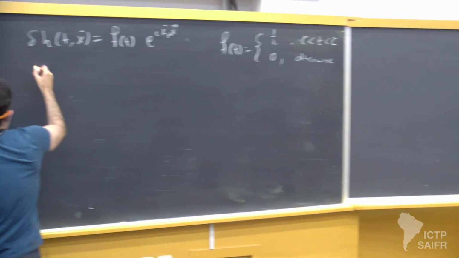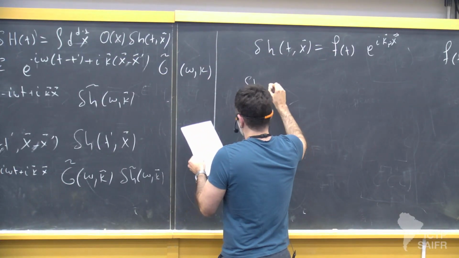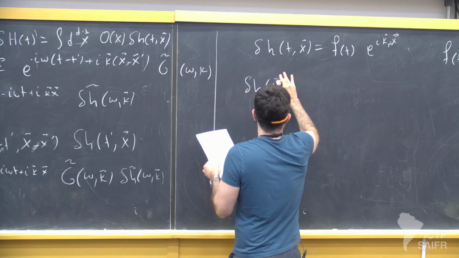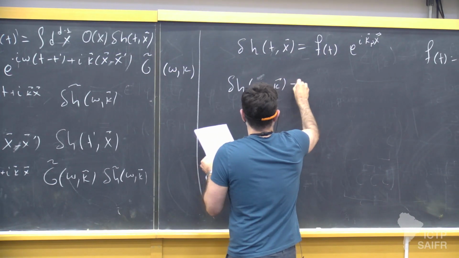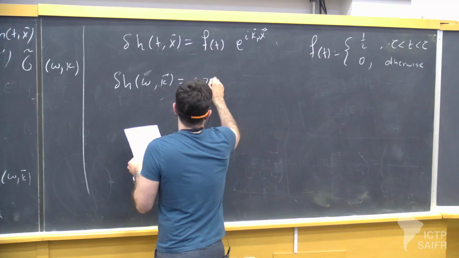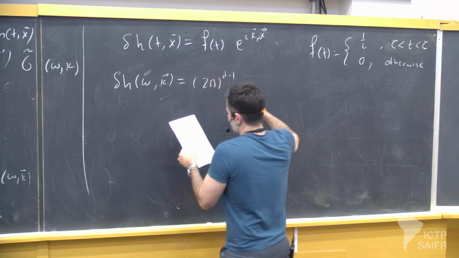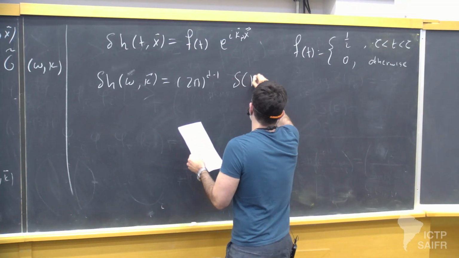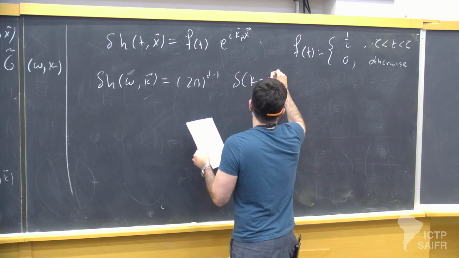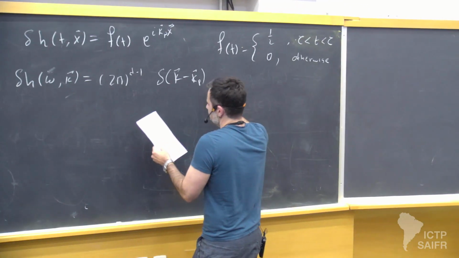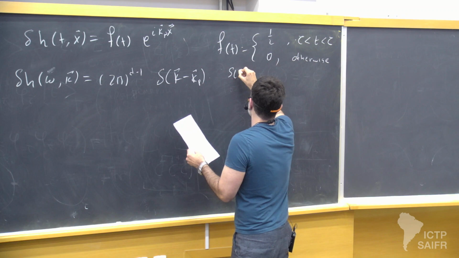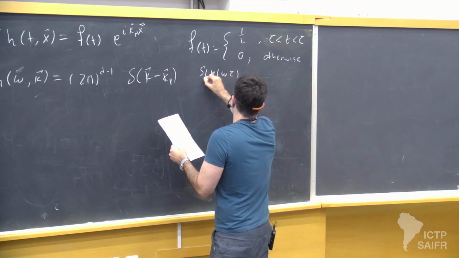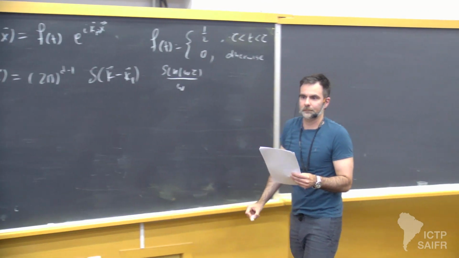Then the Fourier transform of this pulse, you might have seen this many times in your careers, is basically 2 pi to the d minus 1 times a delta function of k minus kp times a sine of omega tau divided by omega, right?